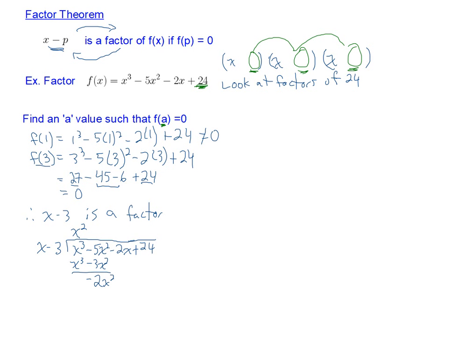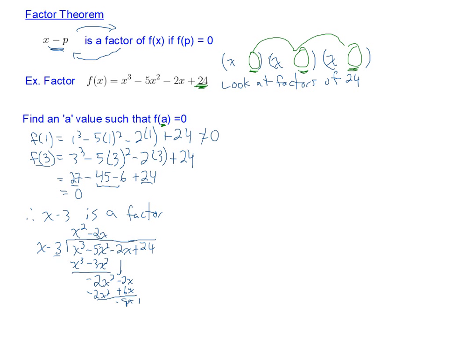Negative 2x squared divided by x will be a negative 2x. Negative 2x times x is negative 2x squared. We can bring down our minus 2x here. And then negative 2x times negative 3 will be a positive 6x. Negative 2x squared minus negative 2x squared is nothing. Negative 2x subtract 6x will give us a negative 8x.